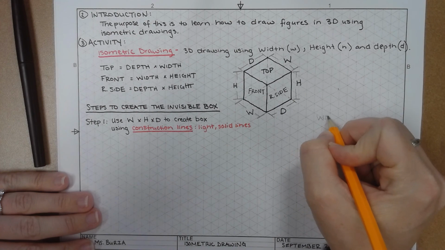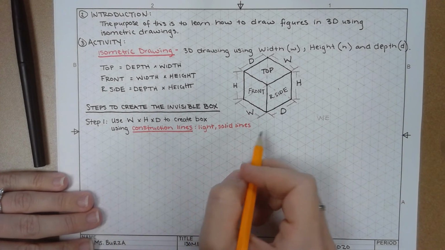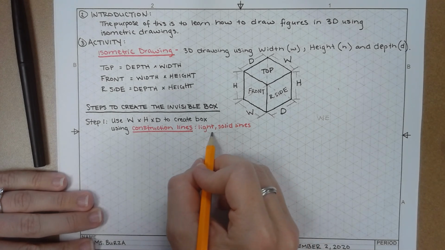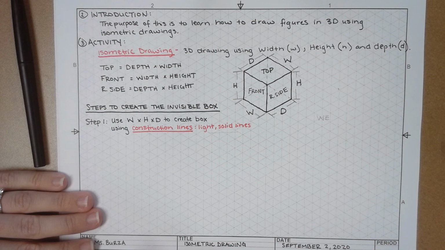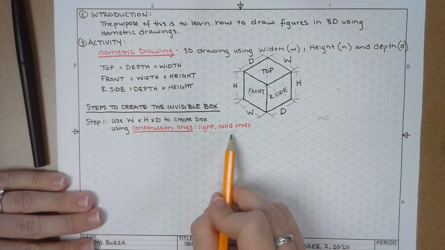I'm going to do this in pencil because we're going to be using construction lines. Construction lines look something like that. So if you want to draw an example in your notes. Sorry, I was lagging a little bit.